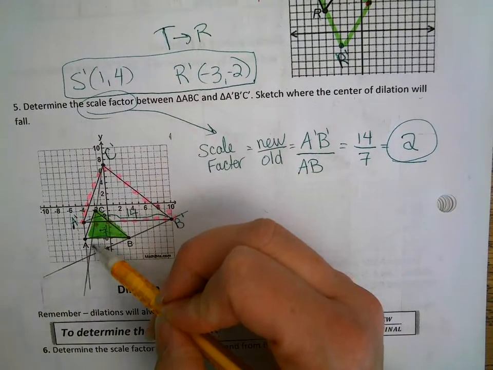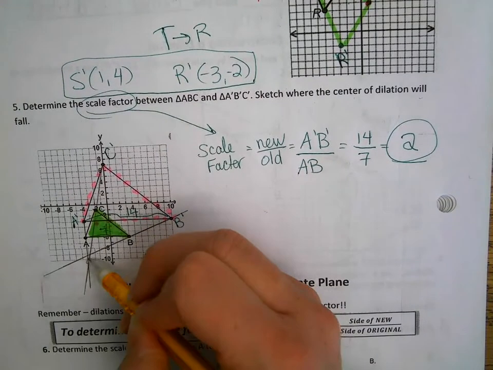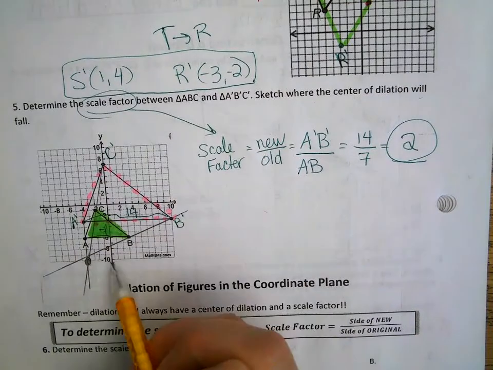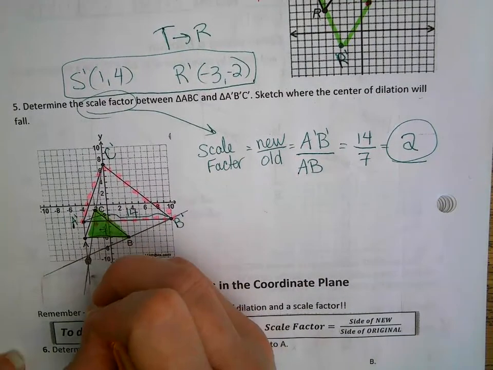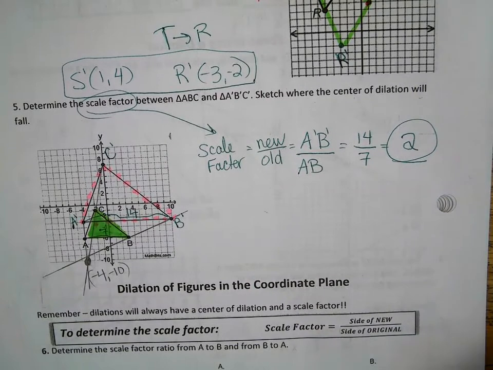I think it was my C and C prime pieces. So let's kind of go for the middle piece here. Maybe -4, -10 would be our center of dilation. I'm going to practice kind of doing that in a few minutes.